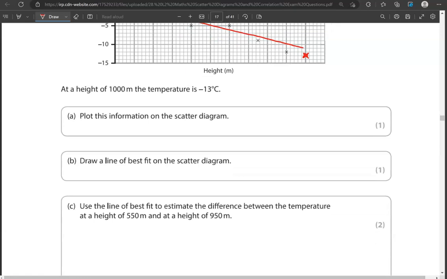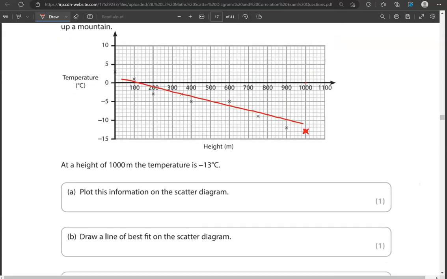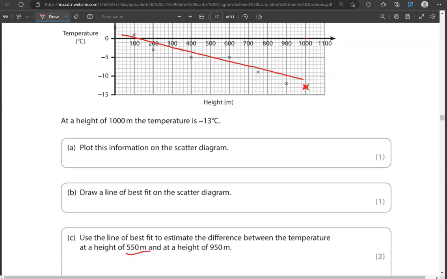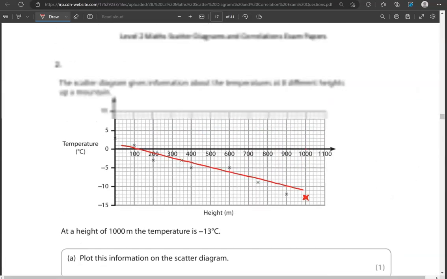Use the line of best fit to estimate the difference between the temperature at a height of 550 meters and at a height of 950 meters. So 550 and 950.